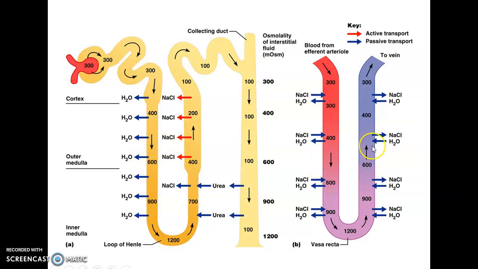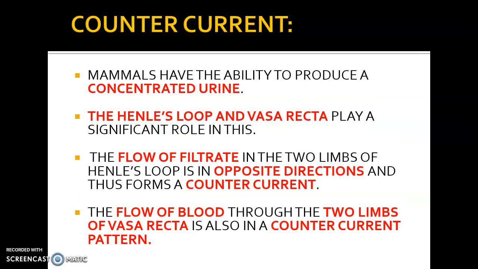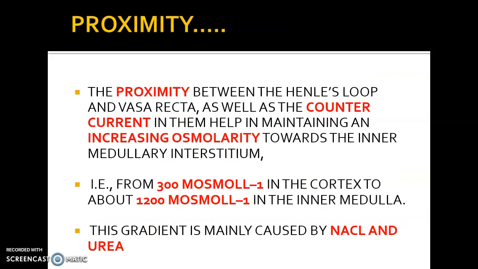In a similar fashion, in the vasa recta, in the descending limb it is downward, and in the ascending limb it is upward. So this shows that this counter current mechanism occurs in both structures, which play a vital role in the concentration of urine.